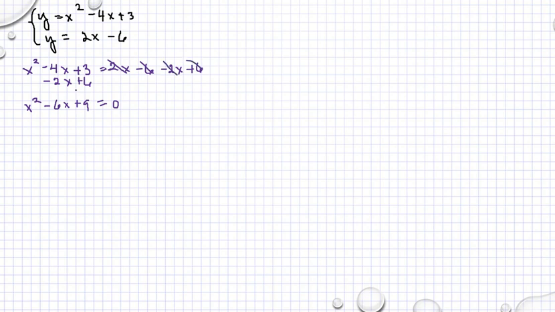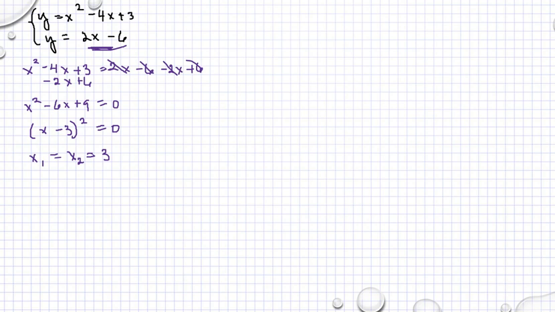This is a perfect square. Then we have x minus 3 squared is equal to 0. When we have a perfect square, then we have only one root. We call it a repeated root, which is 3. So it touches only once. It is called a tangent. So this is called the tangent line to x squared minus 4x plus 3.